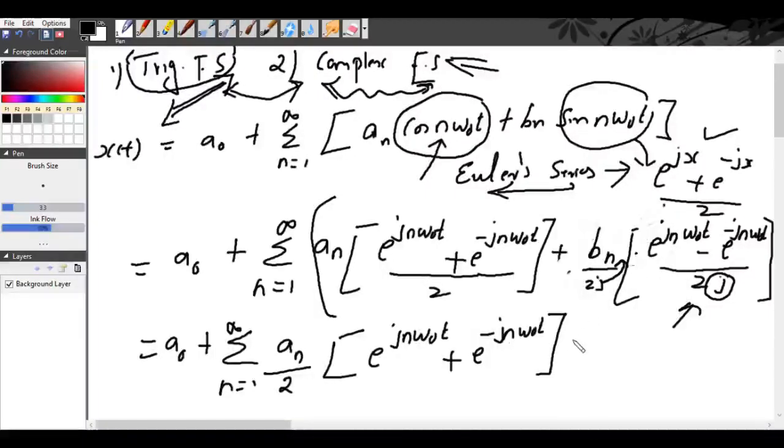So what will happen? This will become minus j bn divided by 2, b suffix n. Please make sure that you write it as a suffix, b suffix n.